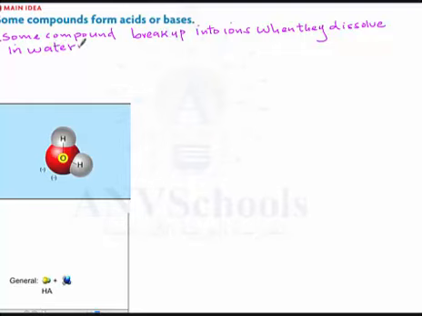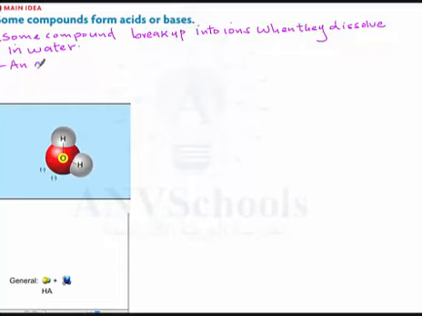So when they do dissolve in water, they break down into ions. For example, an acid is a compound that releases a proton, which is a hydrogen ion, when it dissolves in water.